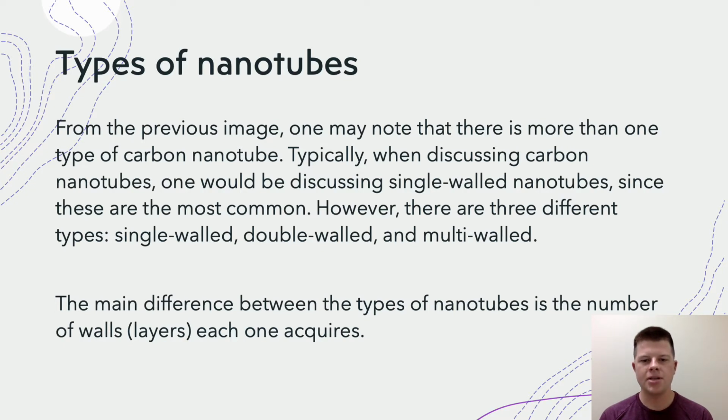So talking about the types of nanotubes, from the previous image, you may have been thinking that there was only one type of CNT. However, there's actually three types, and the previous image showed the single-walled carbon nanotubes and the double-walled, but there's also the multi-walled carbon nanotubes, which I'll discuss in the upcoming slides.